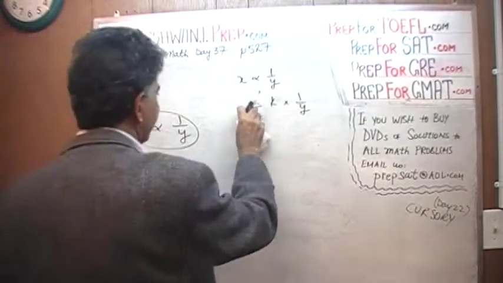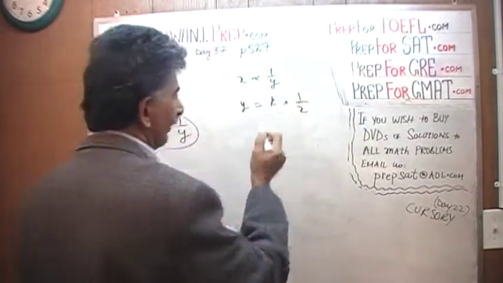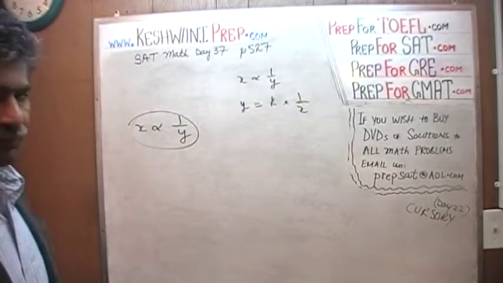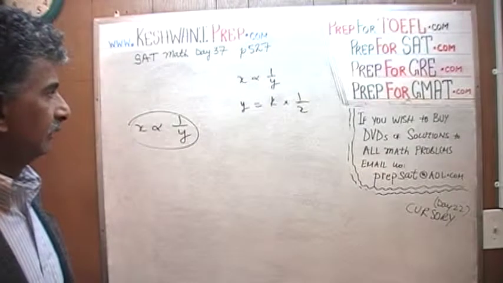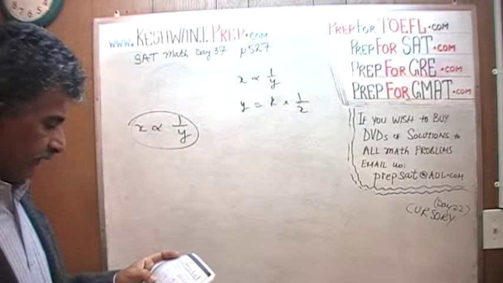Or rather, it doesn't really matter, it's the same exact thing. It's just that the value of k would be different depending on which form you write. But k is constant.